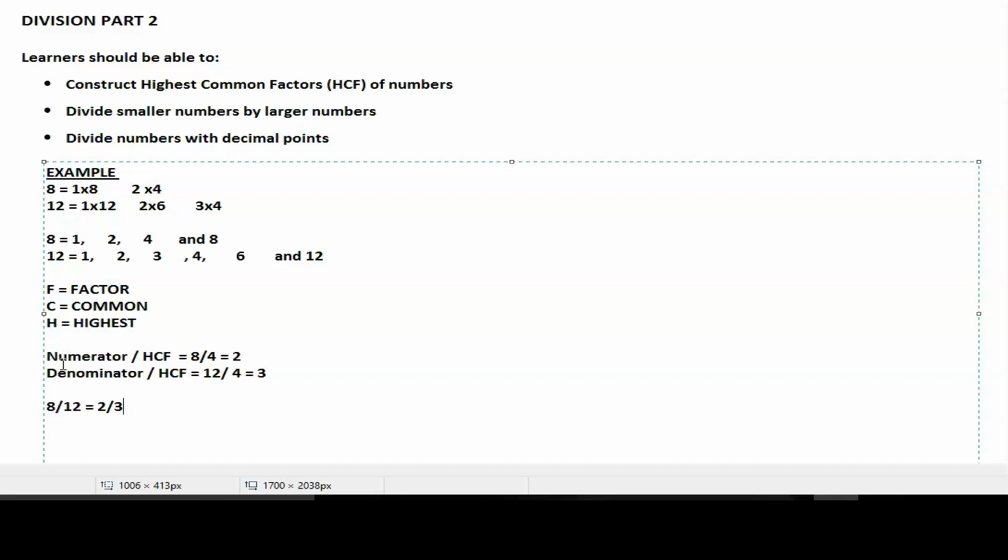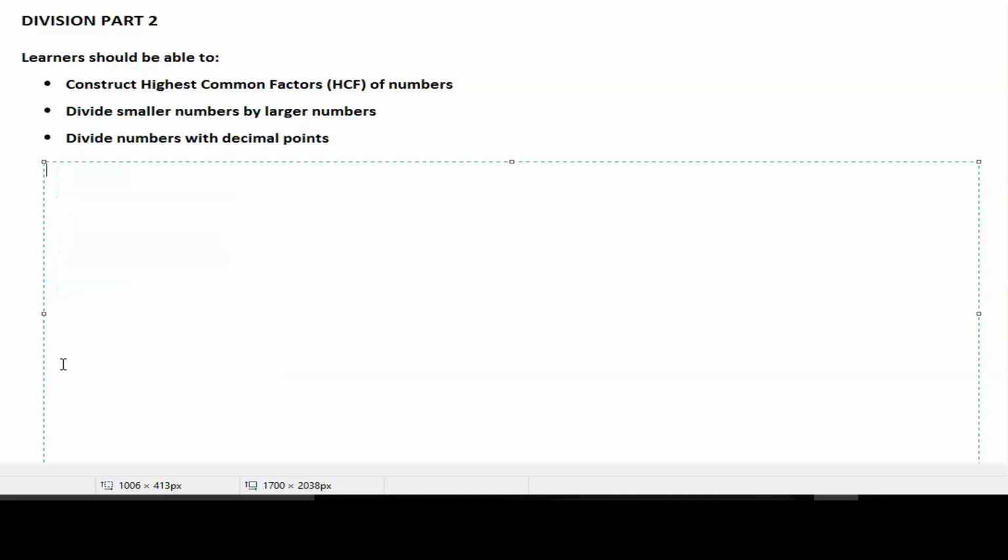So in summary, using the HCF method entails doing three things. One, find factors of the two numbers.